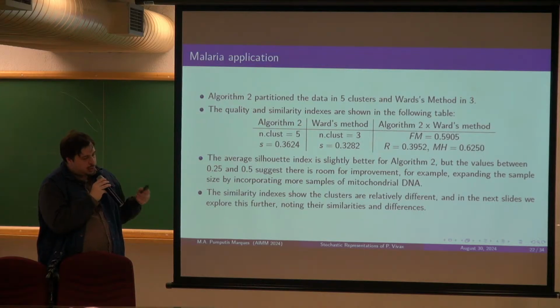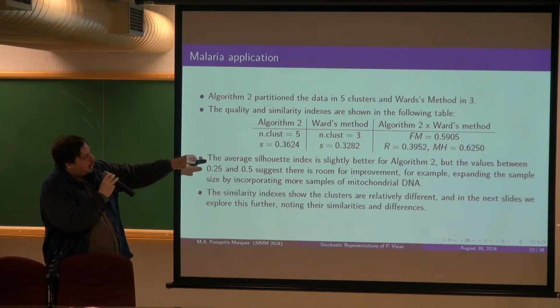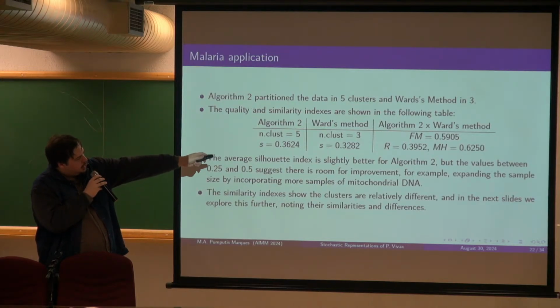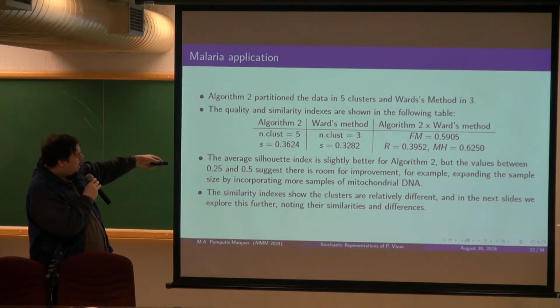And those indexes that I previously mentioned: algorithm 2 had a silhouette value of 0.36, Ward's method had one of 0.32, and the Fowlkes-Mallows index was 0.59, adjusted Rand index was 0.4, and the Meilă-Heckerman was 0.625, right? And these last indexes, they all go to 1. If it is 1, the partitions created are exactly the same, right?